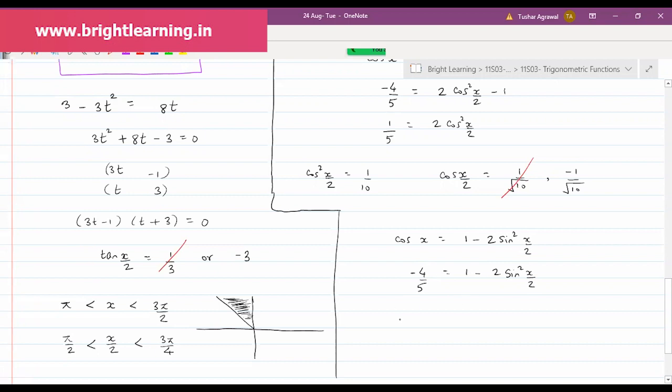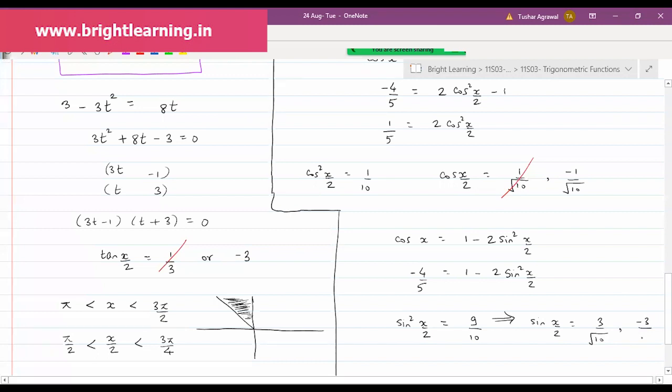Reshuffle and you will get sine square x by 2 is equal to 9 upon 10. So sine x by 2 will be equal to 3 upon root 10, or minus 3 upon root 10.